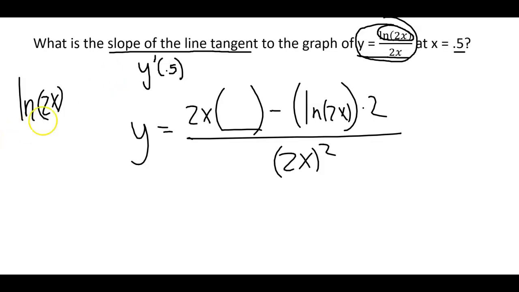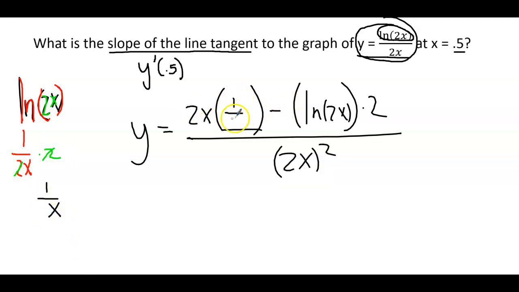So the outside function is the ln, and the inside function is the 2x. So the derivative of the outside is 1 over 2x. The derivative of the inside is 2. These 2's cancel, and we're left with 1 over x.